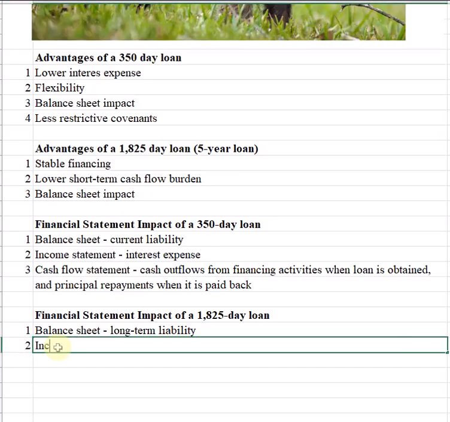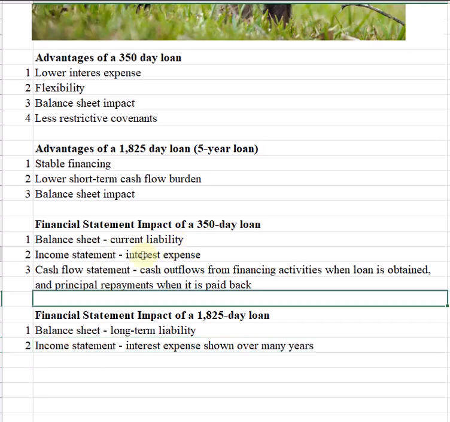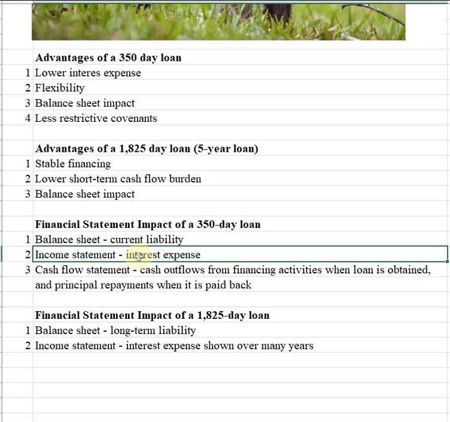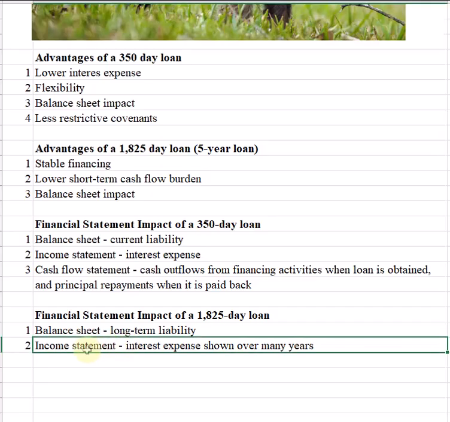Okay, let's take a look at the income statement. We would have interest expense shown over many years. With the 350-day loan, we're only going to have interest expense in the next 350 days. After that, it goes away because the loan would be paid back. But here we're going to have an income statement impact over many years.